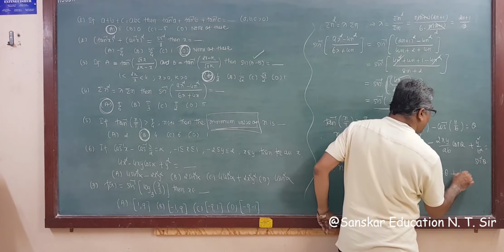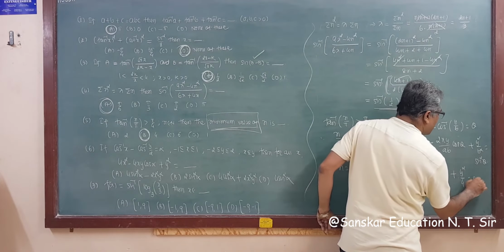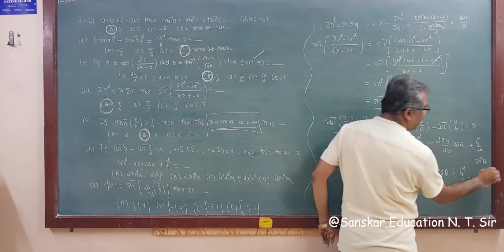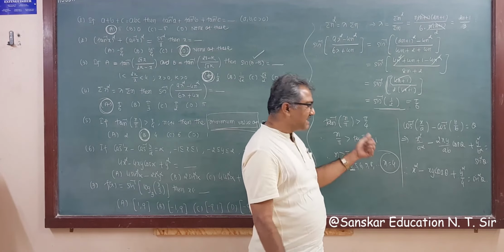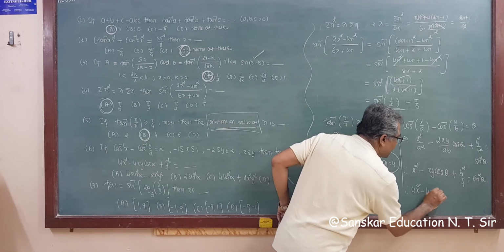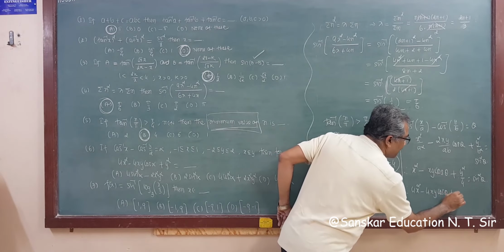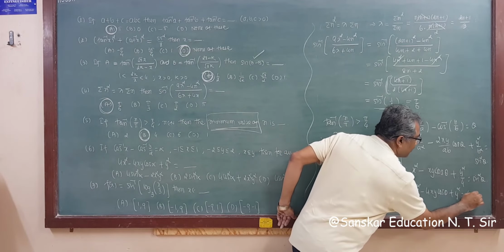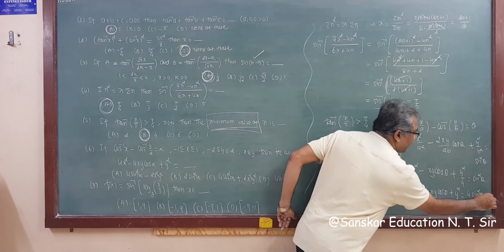So y square upon 4 is equal to sin square theta, that you know. So taking 4 as LCM, this is 4x square minus 4xy cos theta plus y square is equal to 4 times sin square theta.